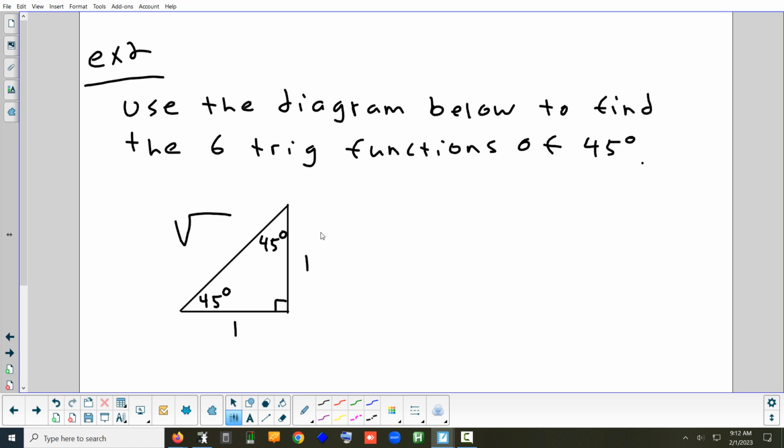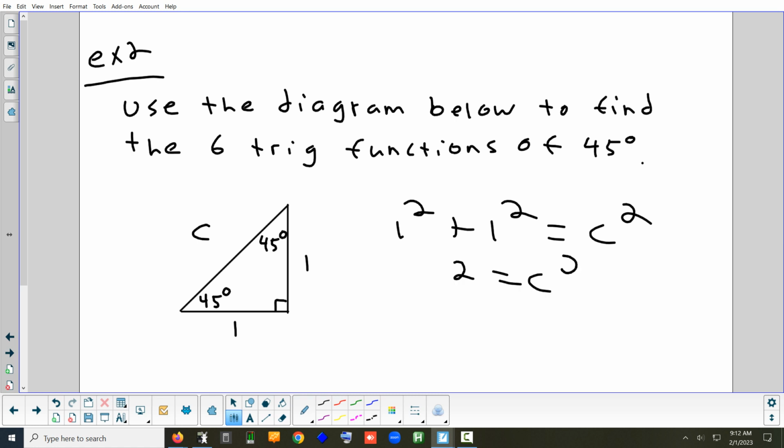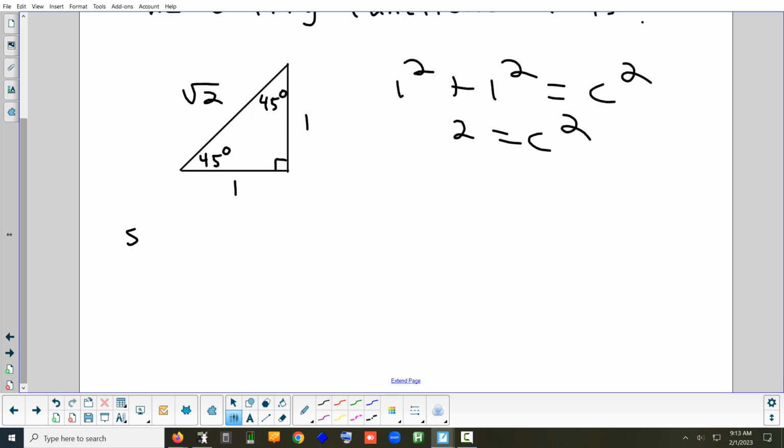Would it be 2? All right, let's go through it. This is C. 1 squared plus 1 squared equals C squared. So it'd be the square root of 2. Unfortunately, we do have a square root in the problem, so we have to be careful if it ends up in the bottom. All right, let's go through our functions.